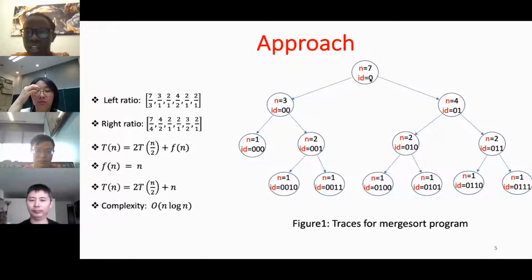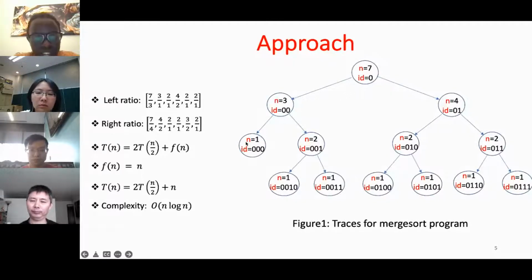Running merge sort on 7 elements, merge sort divides the list into 2 parts, one with 3 elements and another with 4 elements. The IDs are changed to stay unique, but the most important thing here is the size. As you can see, there are 2 children per node, and the size is getting divided almost by 2.